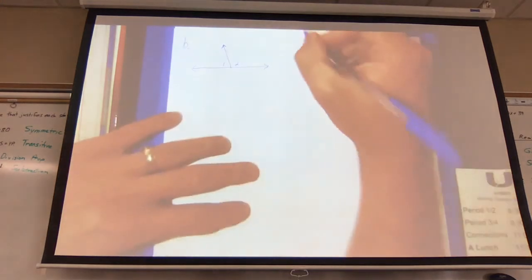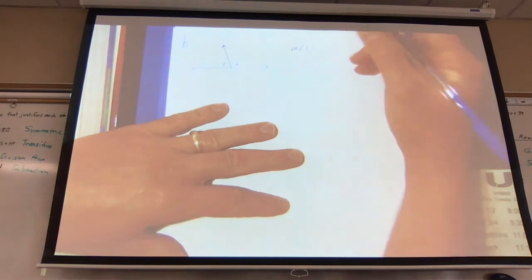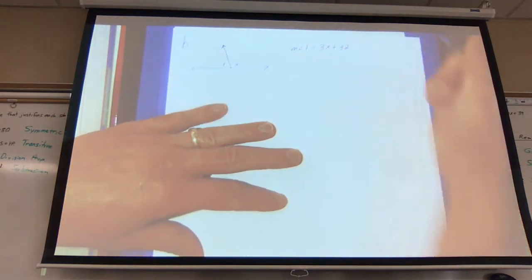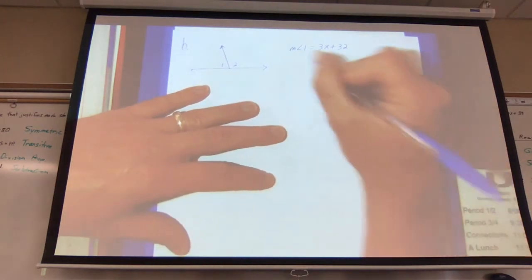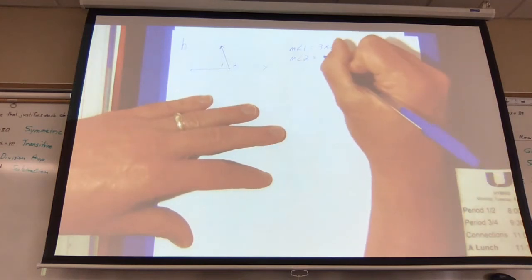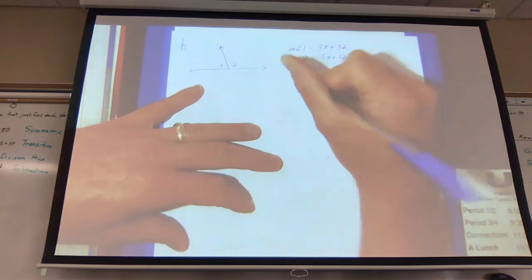And then in our directions, they're going to tell us a couple of things here. They're going to tell us the measure of angle 1 is 3x plus 32. They're going to tell us the measure of angle 2 is 5x plus 12.